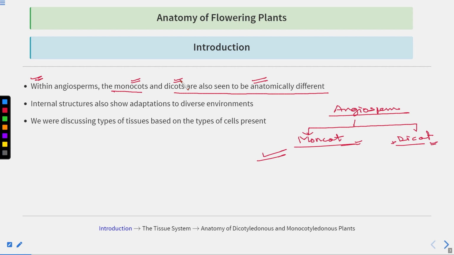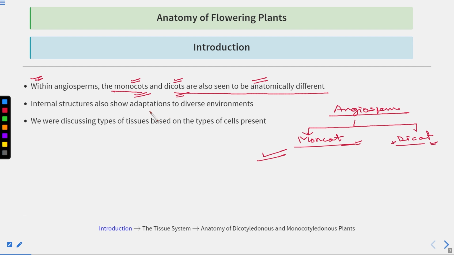As you have differentiated the plants as a monocot and dicot on the basis of morphological difference, right? In the same way, you can divide the plants as a monocot and dicot on the anatomical differences too, right? It means that a monocot plant has a different anatomy than the dicot.